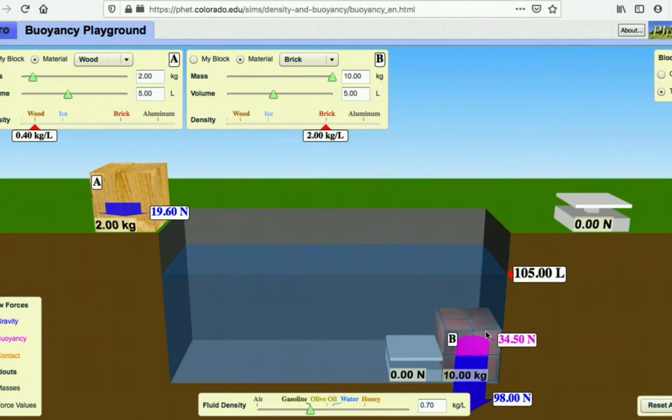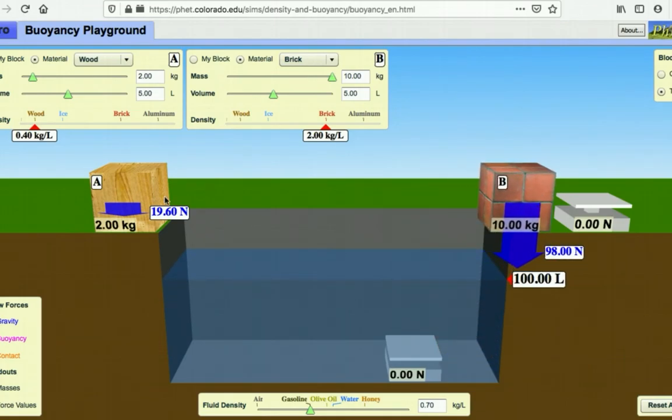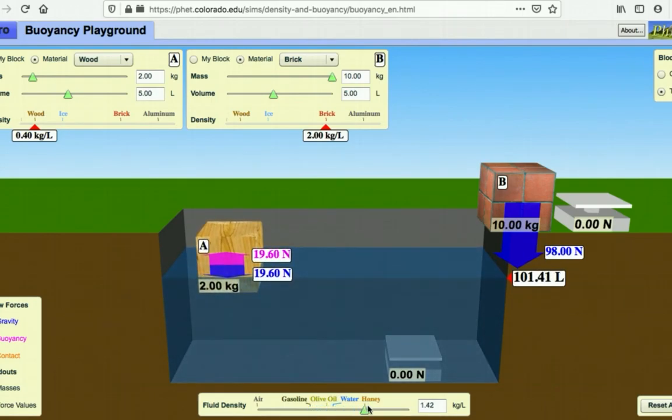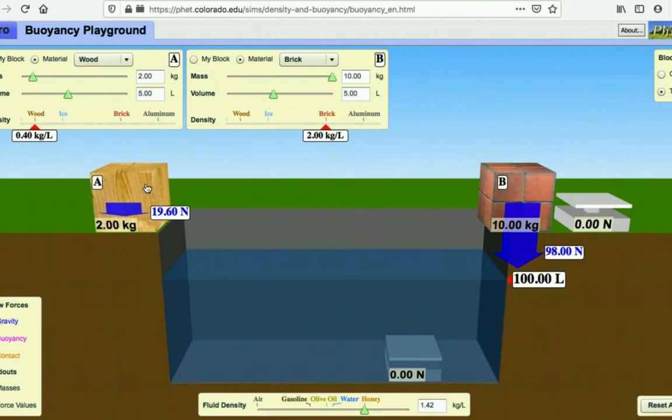On the other hand, if you have a floating object, the buoyancy force will always be the same value. It doesn't change regardless of how you change the density of the fluid, but how much fluid is displaced will change in order to keep that buoyancy force equal to the weight of the object. So there is a difference between floating and sinking, and we have to consider that as we look at examples.